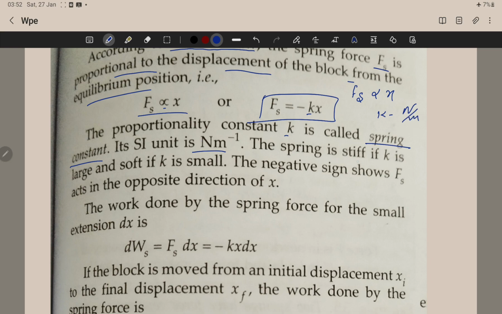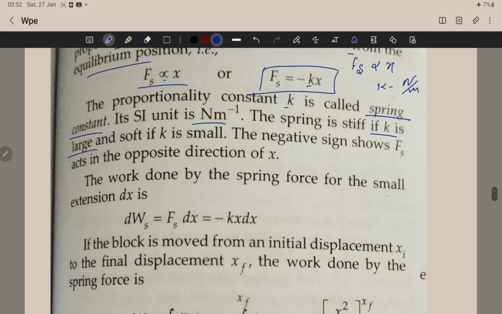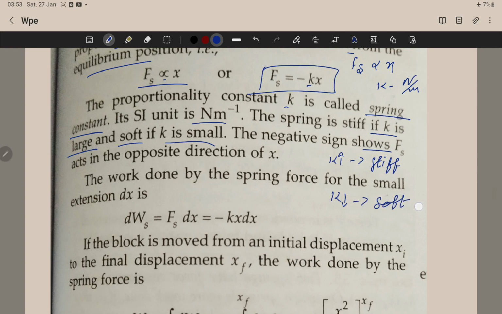The spring is stiff if k is larger. And the spring is soft if k is small. The negative sign of Fs shows that Fs acts in the opposite direction to x.